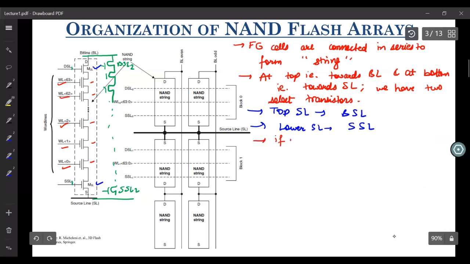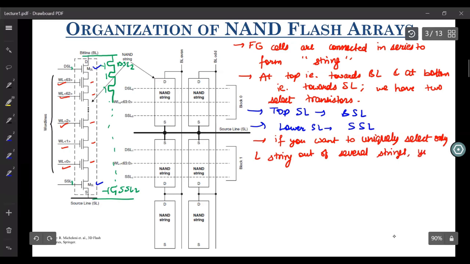So what is the use of these select transistors? If you want to uniquely select only one string out of several strings, you turn on this BSL and SSL.